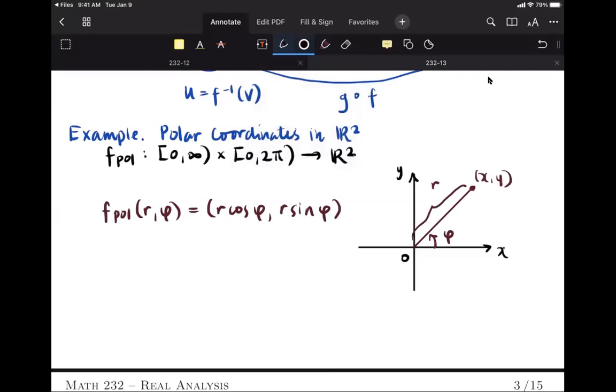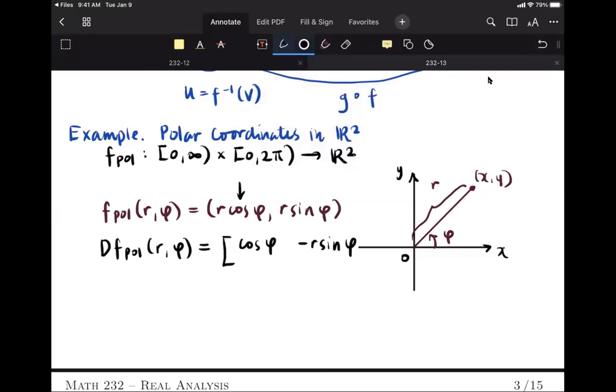The Jacobi matrix for this function is given as follows. So this is cosine phi, that's the derivative with respect to r. And then if we take the derivative with respect to phi, that is negative r sine phi.